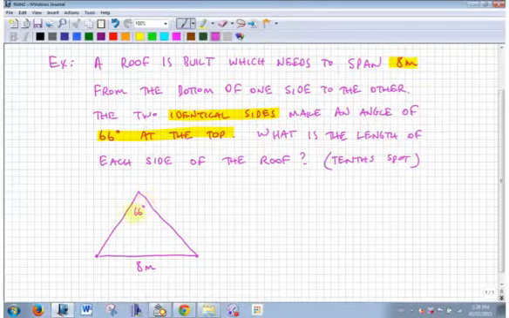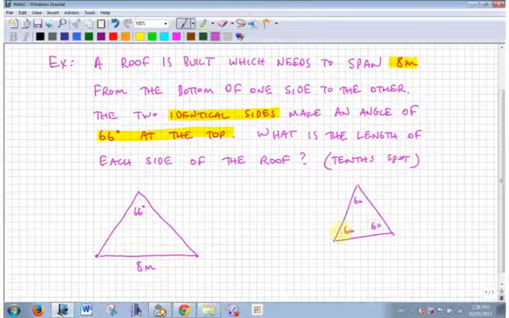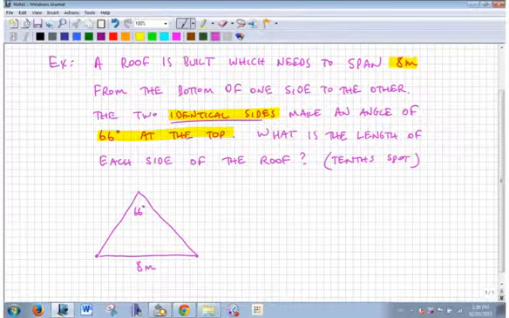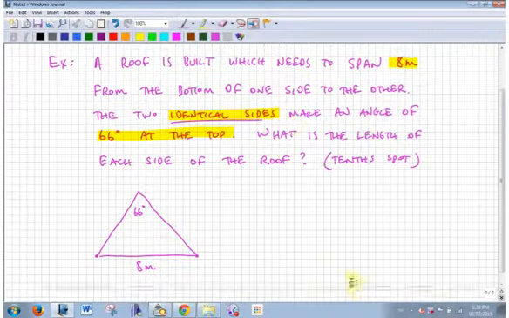Because that's not 60. The only way I can have an equilateral, every side's the same, that means every angle's the same. That's equilateral. I just told you, when 2 sides are the same. Okay? You sure? For a few minutes?